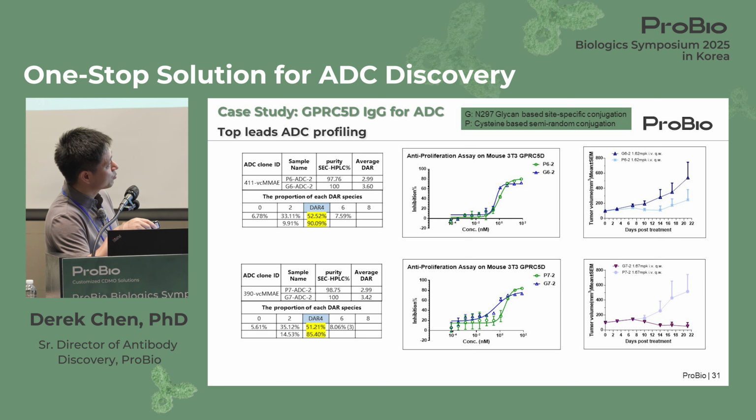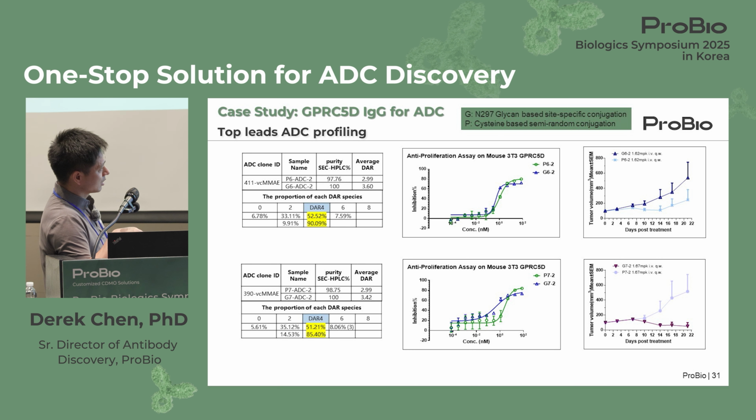The cell-based killing efficacy is pretty much similar, but this time the site-specific conjugated samples showed worse tumor growth inhibition compared to the cysteine-based semi-random conjugated samples. So based on the data, let's first look at the cell-based killing assays.